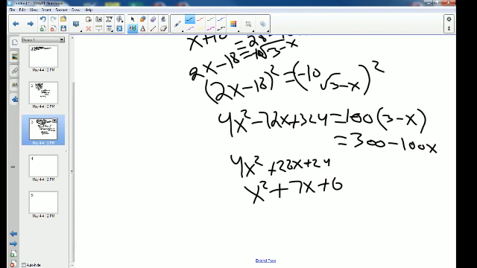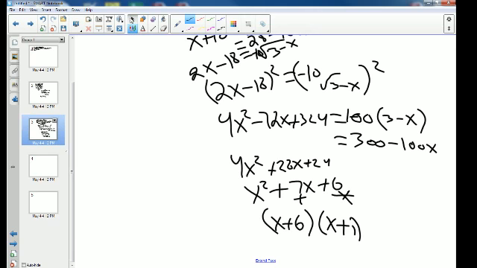From there, you want to factor further into two terms, and what two numbers multiply to 6 but add to 7. So what you'll get is x plus 6 and x plus 1.